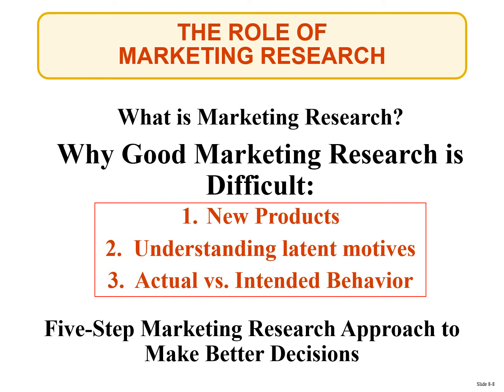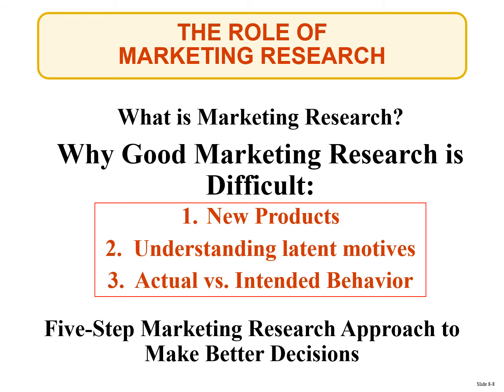Second is understanding latent motives, and this can be for new products or for old products. It can be for any kind of marketing research. So latent motives are motives that are either unknown to the consumers, or they are known to the consumers, but they are reluctant to share them with us or admit these motives.